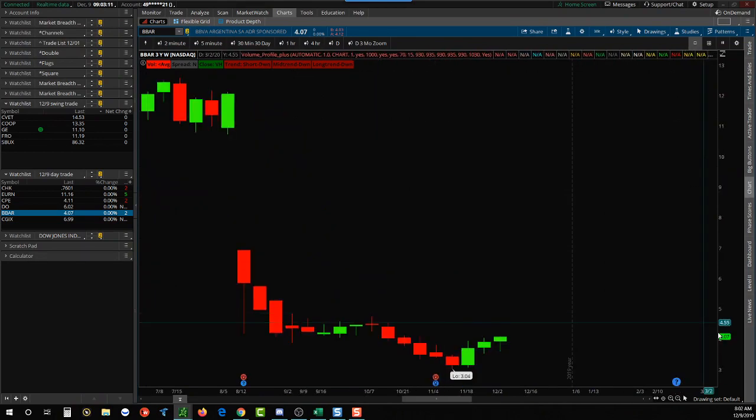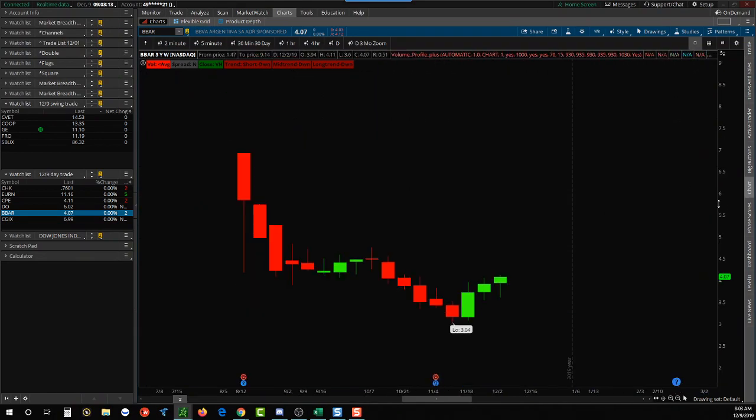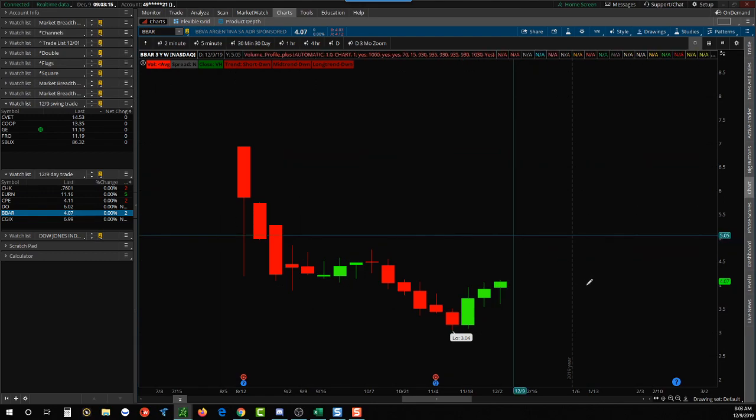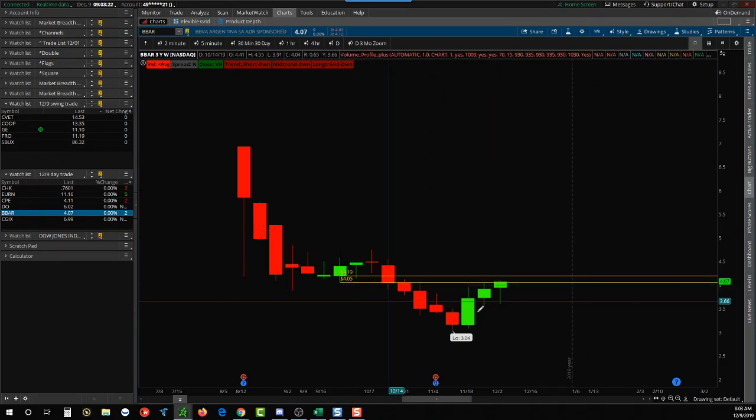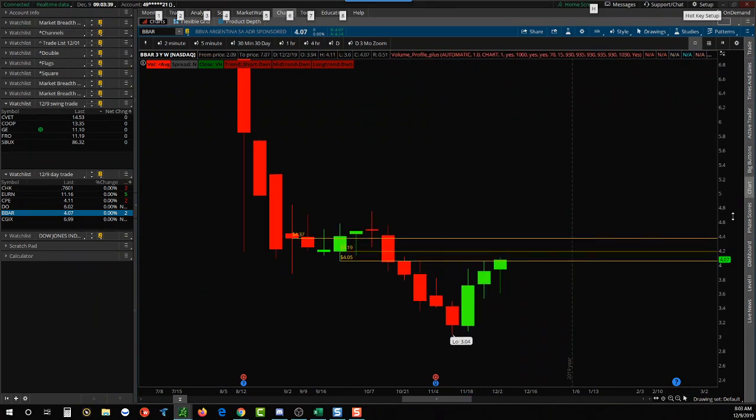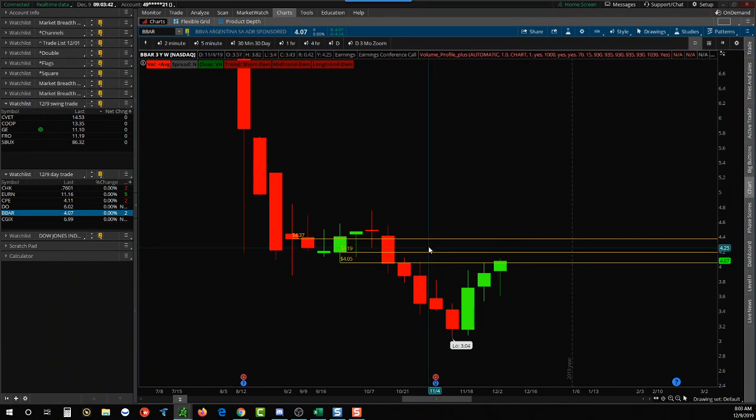But just stepping out into the weekly, taking a few moments to draw these lines out can really give you a heads up of where price is more than likely going to get hung up, at least pause temporarily. And the reason I like to do this is because if you're already in the trade, say you're going long and price suddenly stops and starts to pull back, we're always trying to answer that age-old question: is this a pullback or is this a change in market sentiment?